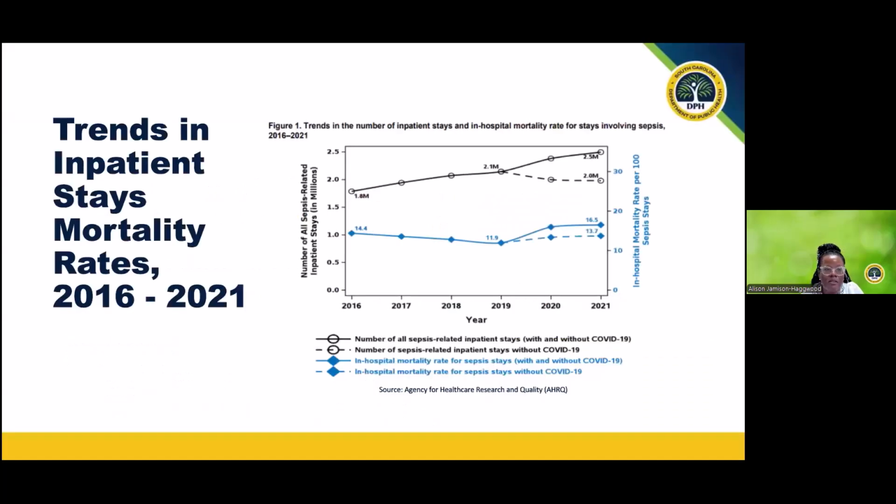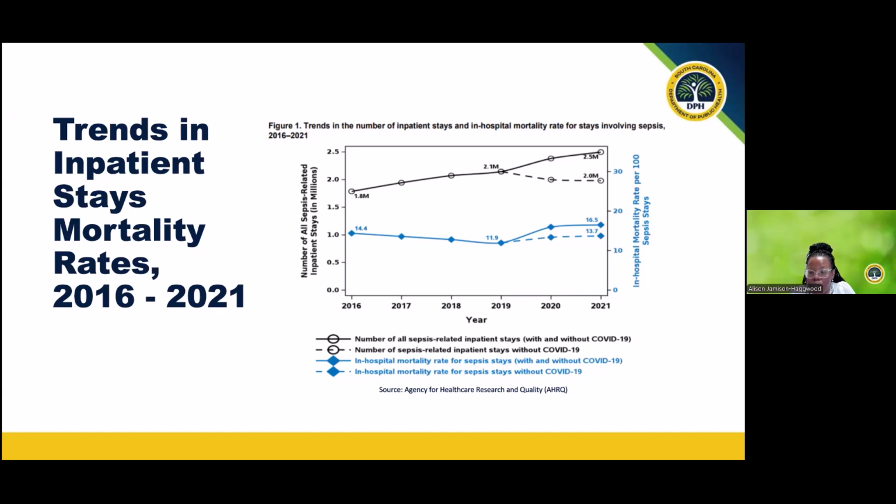And this is trends in inpatient stays and mortality rates involving patients with sepsis. As you can see here at the top, the line with the circle through it, those are the number of all sepsis-related inpatient stays with and without COVID.